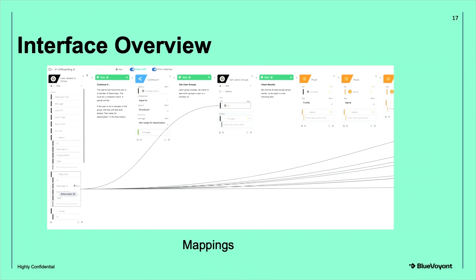But we also wanted to show you that the spider web effect that you see here are the mappings. So in this case, we went to the Okta card on the far left here, and we grabbed the ID slide, and then we dropped it into several other locations throughout the workflow. Part of the reason that this is really good is if you get a complex workflow and you don't know where that data is coming from, you can hover over it and it will tell you exactly where it came from.